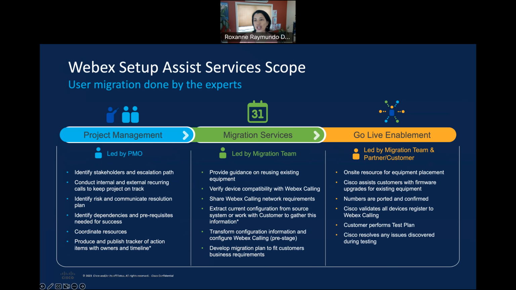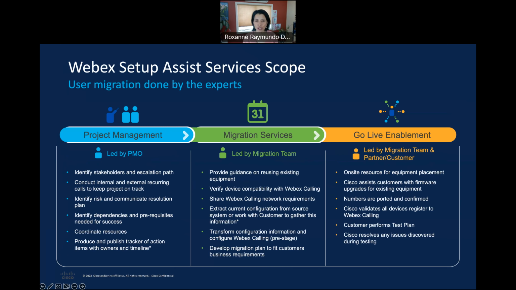The third area is go live enablement. Again, this is led by the migration team and involves both the partner and the customer. If on-site resources are required for the migration, they will be coordinated. In addition, if any devices need to be upgraded, that will also be part of the go live enablement.